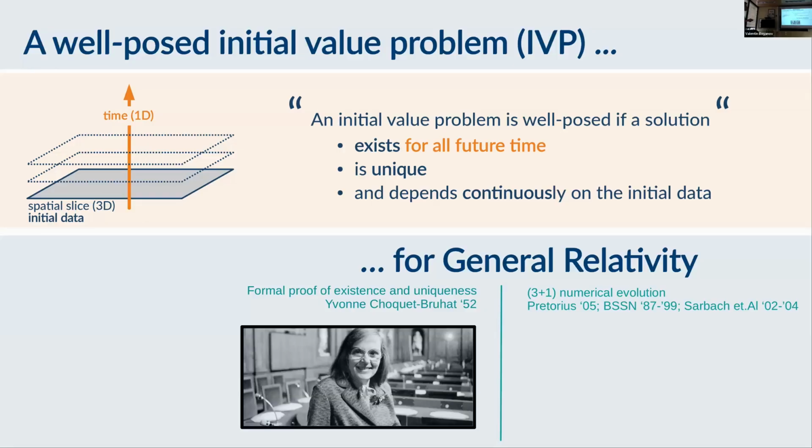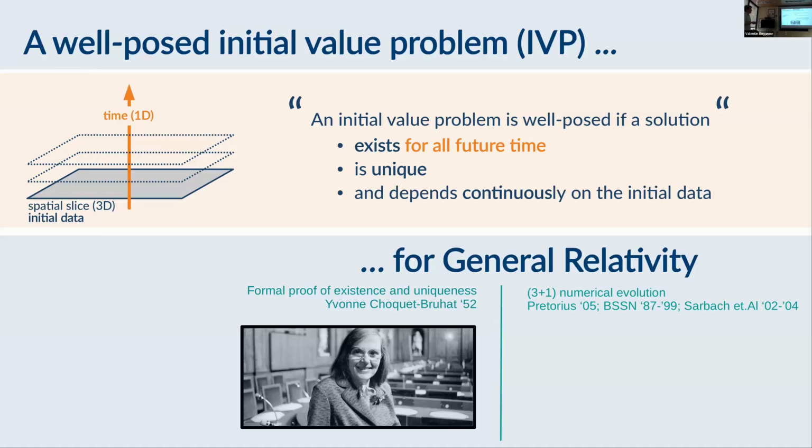As you know, well-posedness has been proven for general relativity already in the 50s by Yvonne Choquet-Bruhat, whom I recently tried to meet. She's still alive, amazingly, because I think it's very groundbreaking work, and she lives close to Paris. She had her 100th birthday recently, and there was a birthday celebration for her. Sadly, she didn't appear.